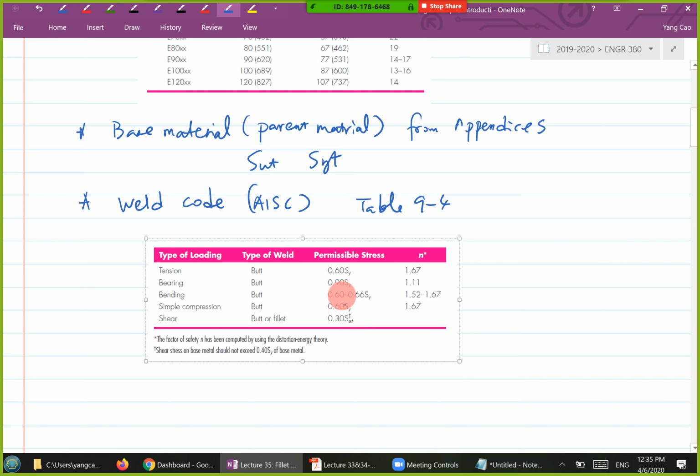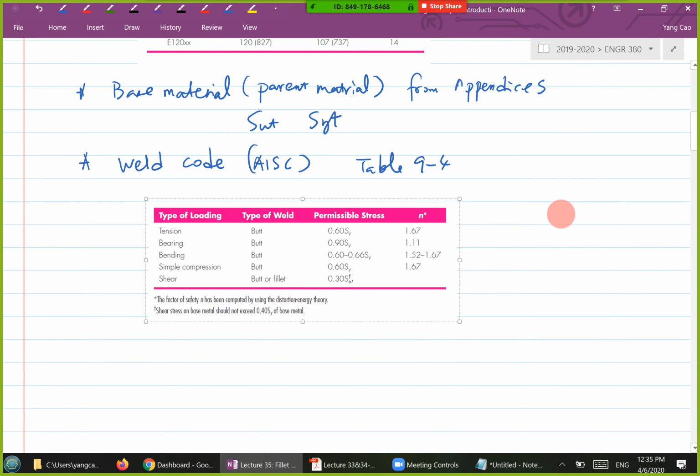The welding code refers to, basically, permissible stress given here. So this is essentially the permissible strength value, right? As you can see here, for the permissible stress, you actually have 2 different permissible stresses. One is 0.3 SUT.